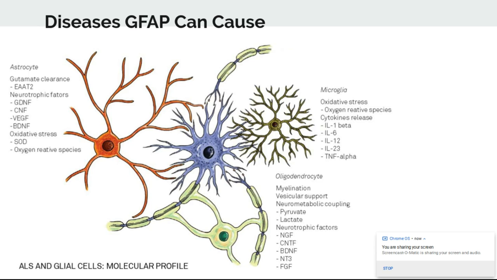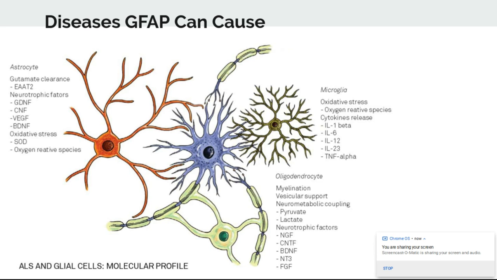So the mutated form of GFAP disturbs the formation of normal intermediate filaments. As a result, the abnormal glial fibrillary acidic protein may accumulate in astroglial cells, contributing to the formation of Rosenthal fibers, which impair cell function.